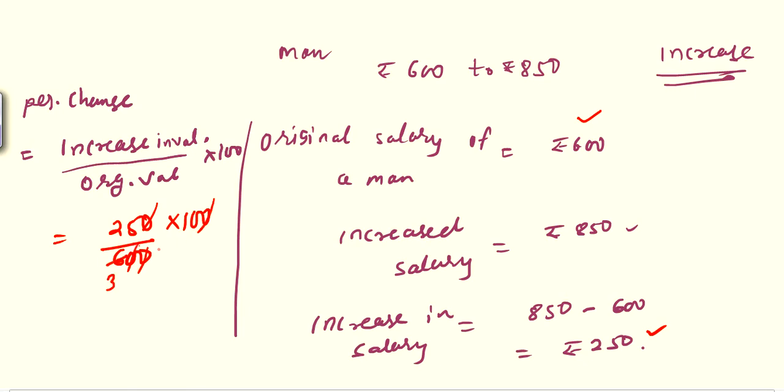Then 2 3 ja, 2 5 ja, 25 into 5, 125 upon 3. So 125 upon 3 percent is the required answer. Further you can convert this into a mixed fraction, that is also okay. So like this you have to solve questions. This is about question number 1. The man in the starting was getting 600, then he got 850 after increment. So 250 rupees per month he is getting as increment. That change we have to find. So the change is 125 upon 3%.